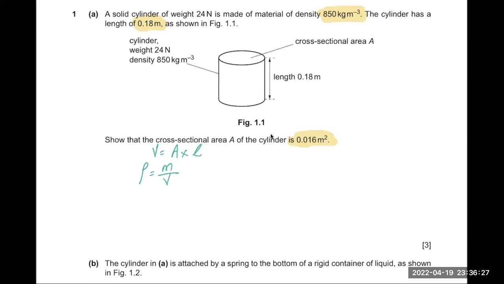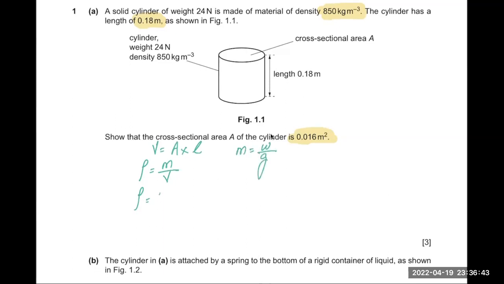And mass, as we all know, because we are not given the mass, instead we are given the weight of the container. Yes, this is paper 23. What we'll use is density is equal to mass, which can be replaced with M is equal to W upon G. So W divided by G times A times length. I've replaced volume with area into length. I've replaced mass with W upon G.